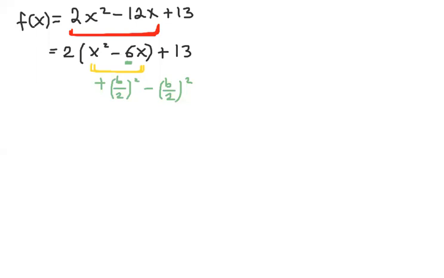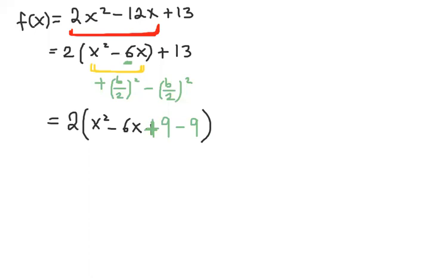The number 6 is b. So what we have: 2 times (x squared minus 6x plus (6 over 2) squared, which is 9). So we add 9, and we subtract 9.